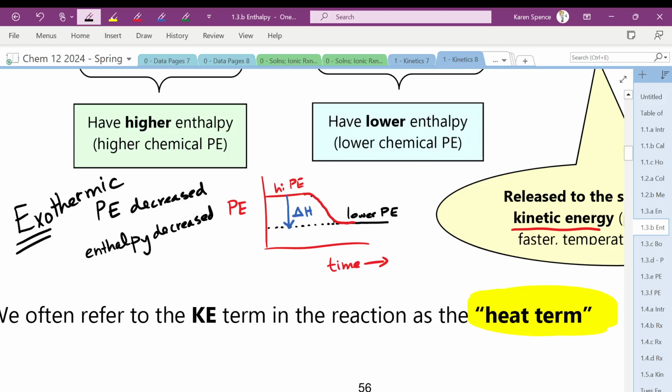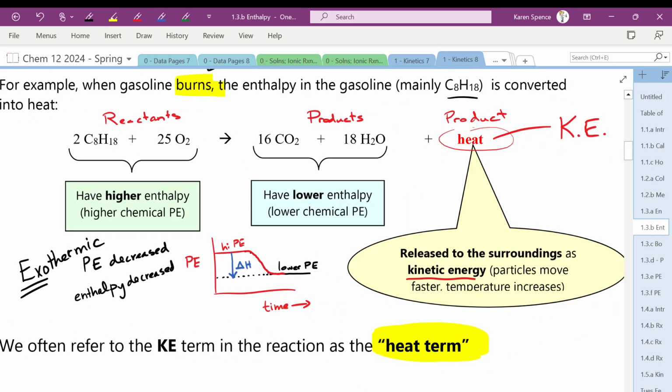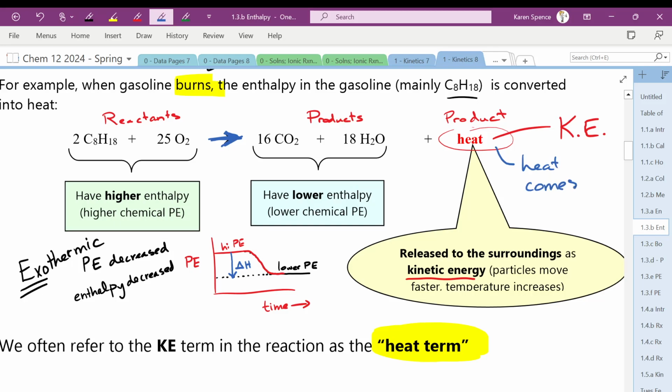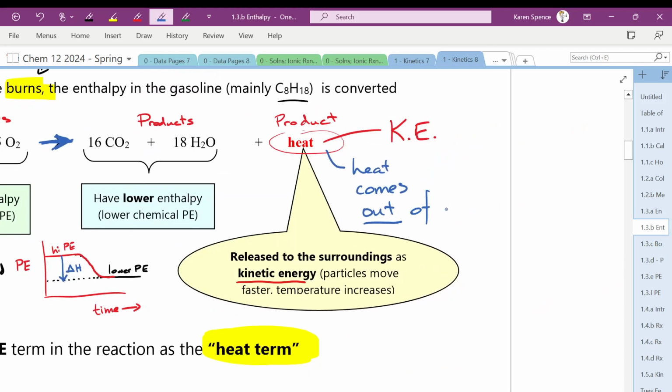And if you look at your reaction, is the heat going into the reaction arrow or is it coming out of the reaction arrow? The heat is coming out. So would you say that heat is entering or would you say heat is exiting? Heat is exiting. And what kind of reaction is this?